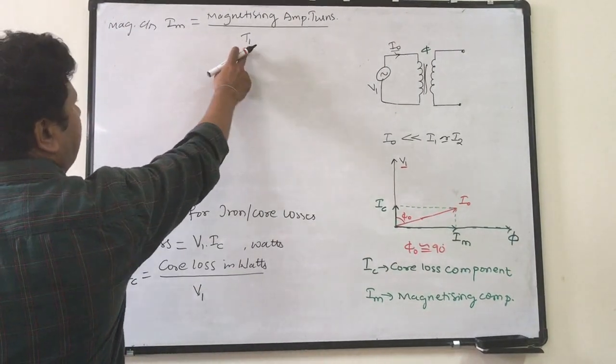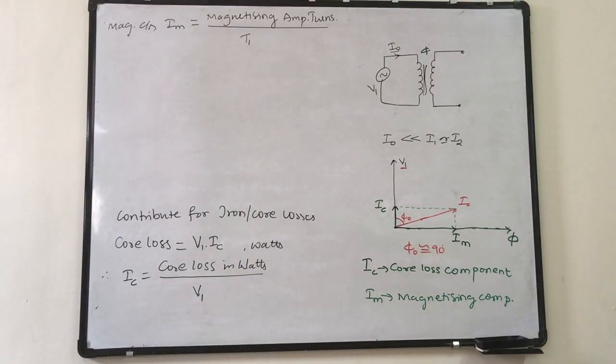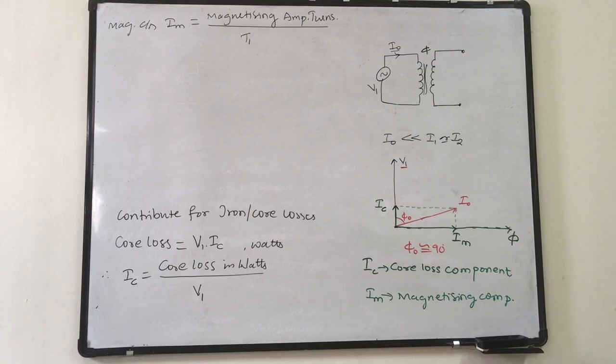So IM into T1 will give the total magnetizing ampere turns. So magnetizing ampere turns divided by primary turns will be the magnetizing current. So these are the general equations to get my IM and IC.